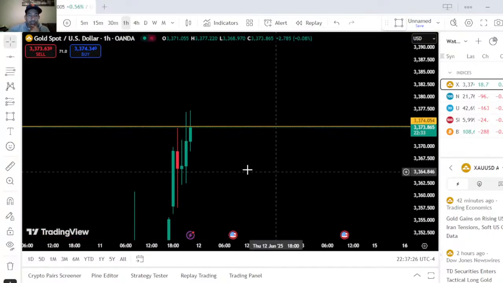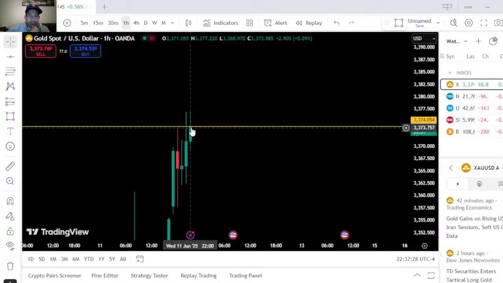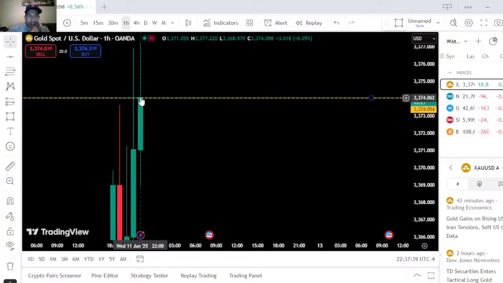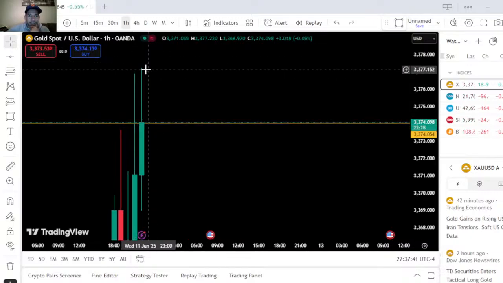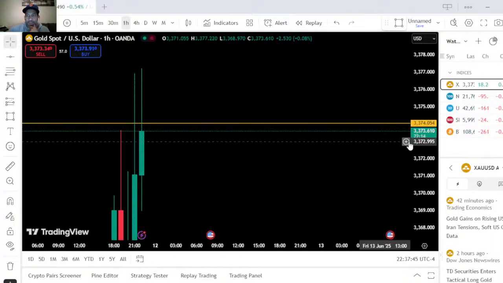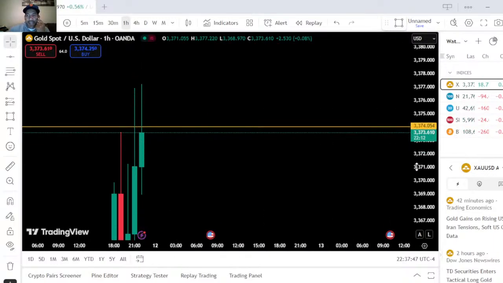As far as gold, gang, if you're going to trade gold tonight or pre-London or so, whatever it is, I would wait for a closure above here, and it looks like it wants to do it, right? Look at this. It's kind of trying to break above. It already took out the previous 1 hour highs, but look at that. Now we're trading below with 22 minutes left. So keep an eye on that.